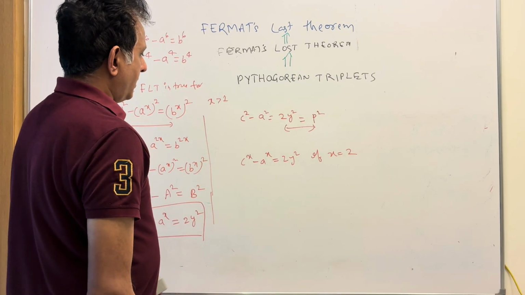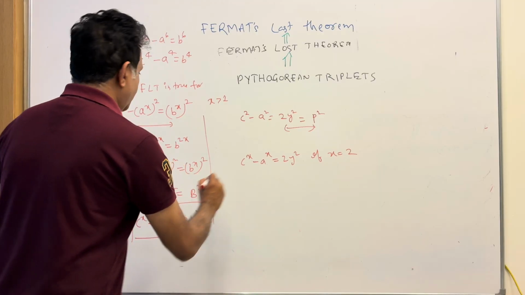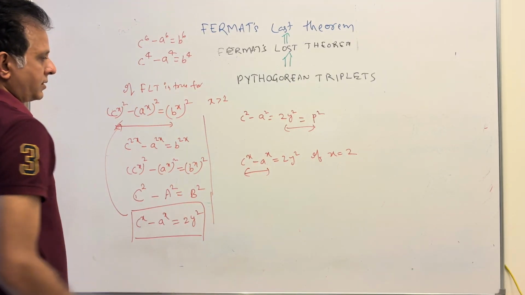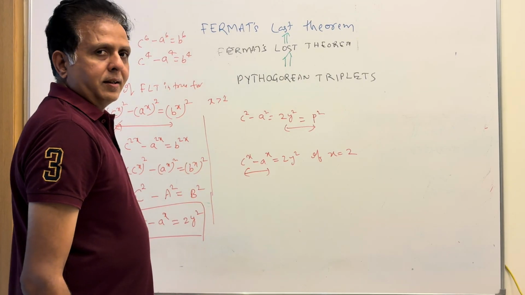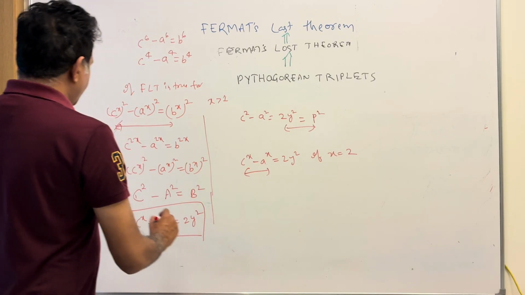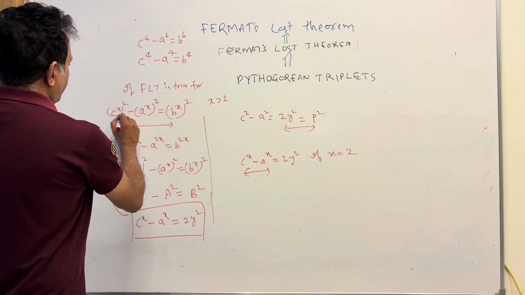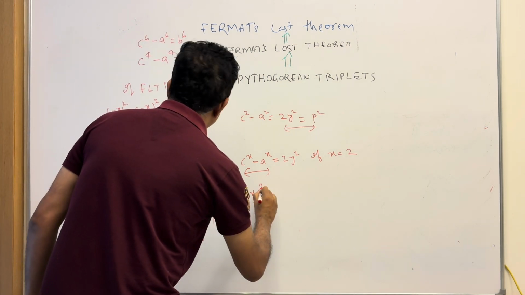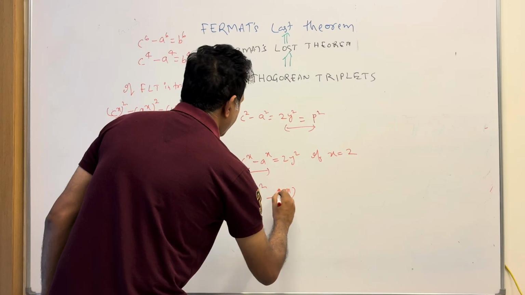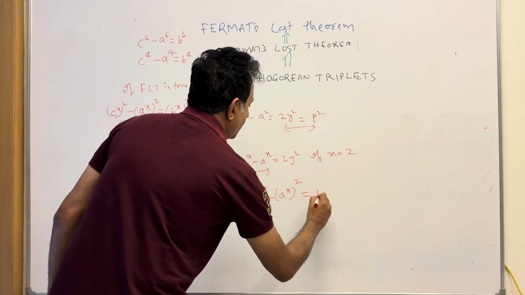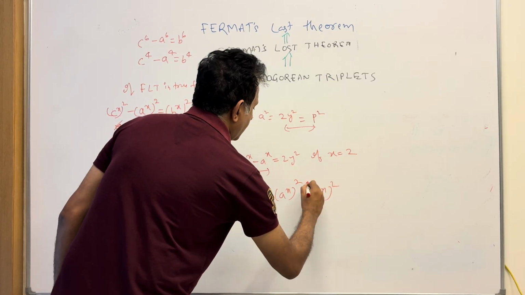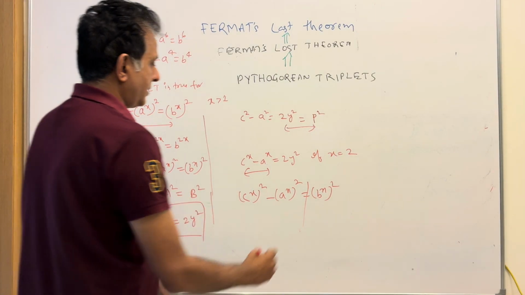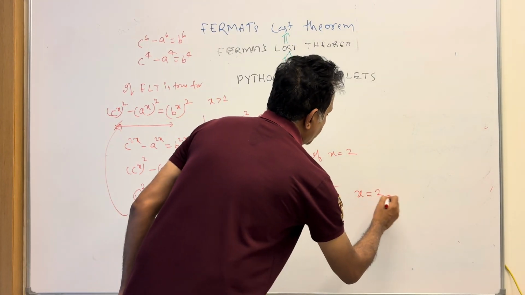The idea is that this should be a square itself, because this should satisfy the Pythagorean triplets. So since that is so, we cannot find this if x equal to 2.